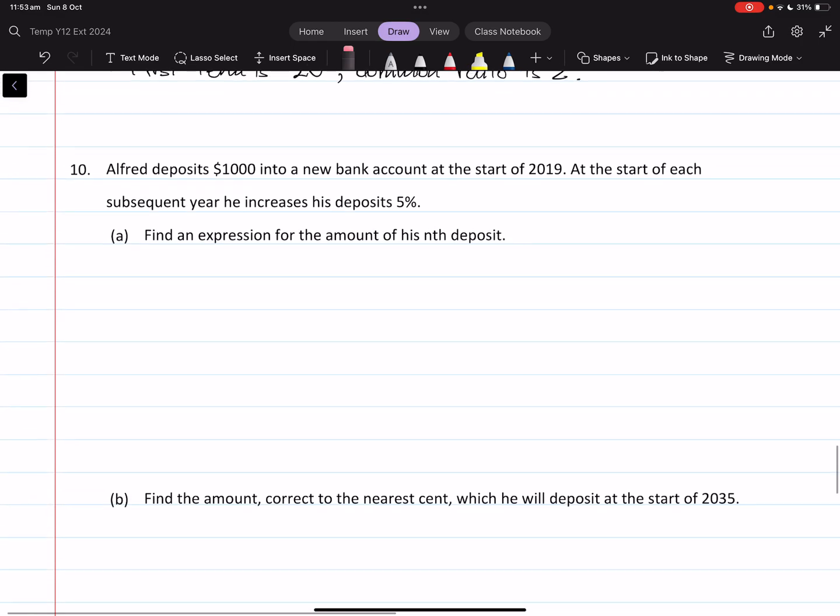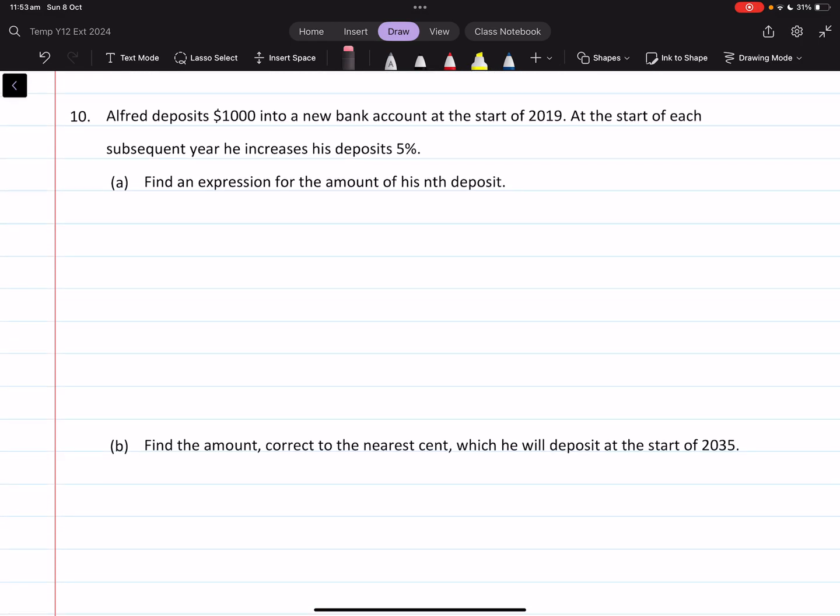Okay, our last example. Alfred deposits $1,000 into a new bank account at the start of 2019. At the start of each subsequent year, he increases his deposit by 5%. Okay, so have a think about what's happening here. The first deposit, the first term, if you like, is $1,000.